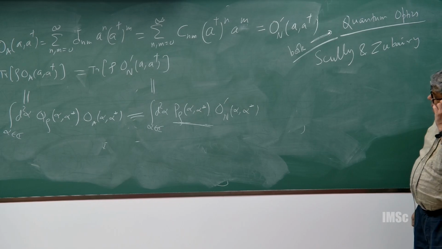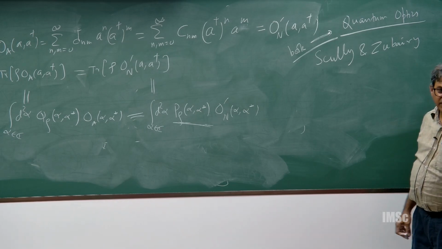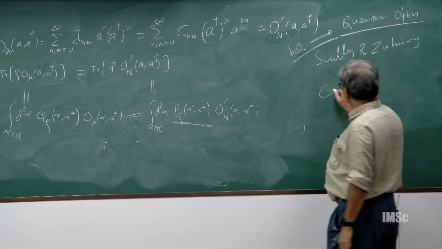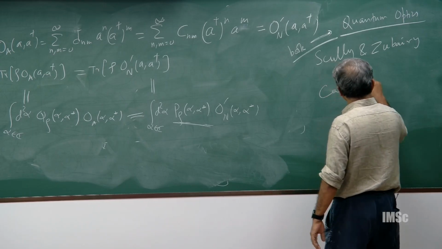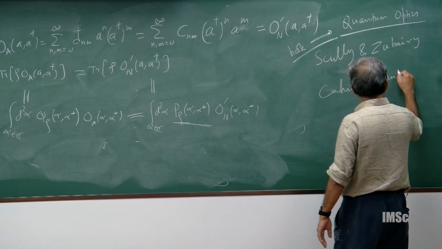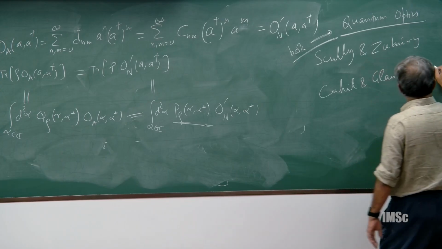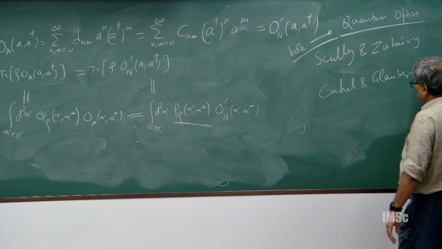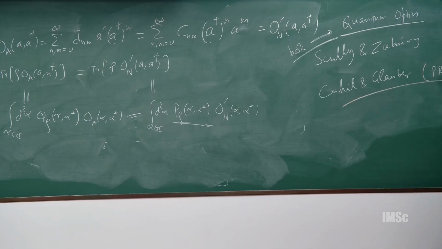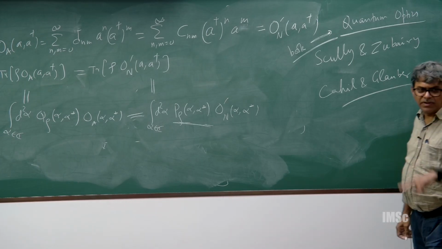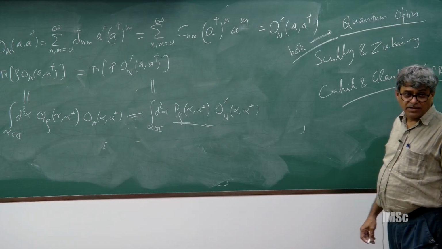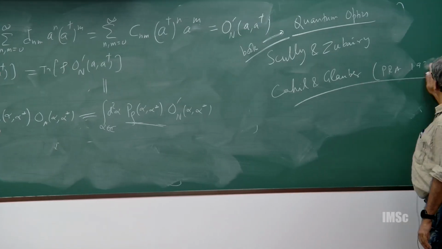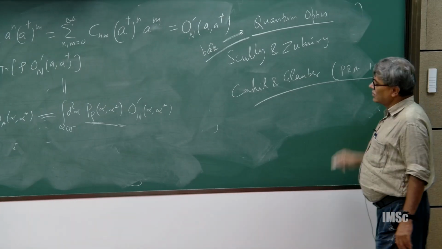Sometimes I will follow these two papers, Cahill and Glauber. I think this is PRA 1970s, maybe 77, right, Prem, or 79, something like that. Yes, there are two papers. Oh, sorry, 69.